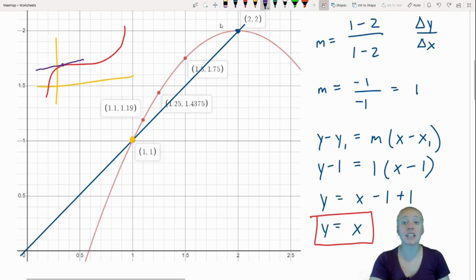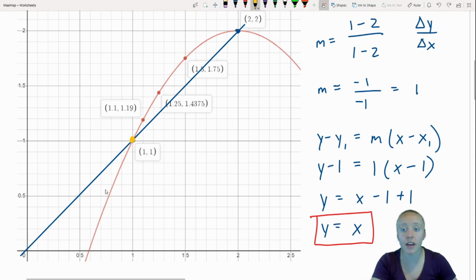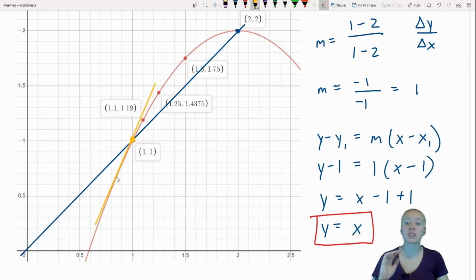So if I want to find an equation for my tangent line at this point 1, 1, if I was to roughly draw that, you can kind of see how that yellow line touches the function just at that one point. Now notice that the slope of our secant line that we did, that blue line, is very different from the slope of that yellow line.